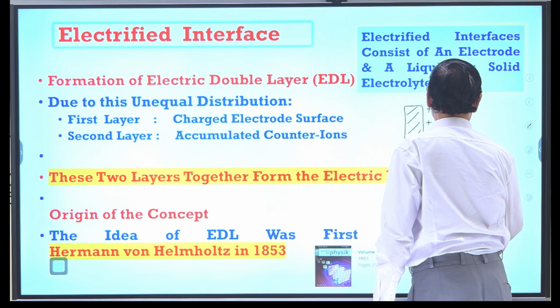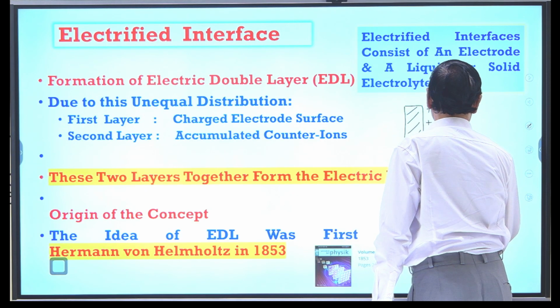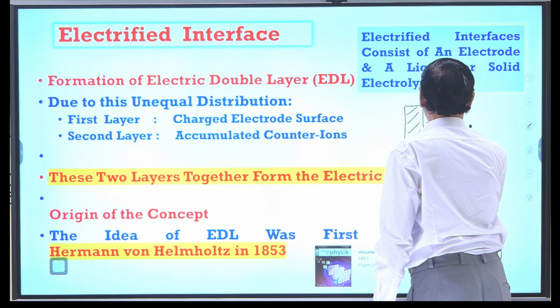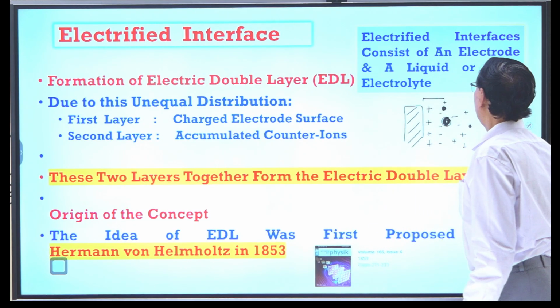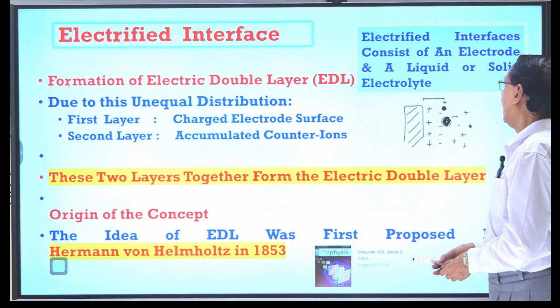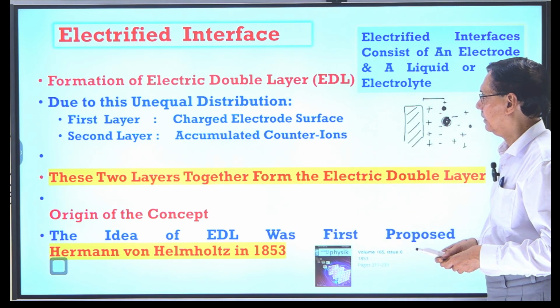Plus, minus, there is some electrostatic interaction, negative, plus, minus, different types of electrodes. So, the interface part. Electrified interfaces consist of an electrode and a liquid or solid electrolyte. It is a simple definition.